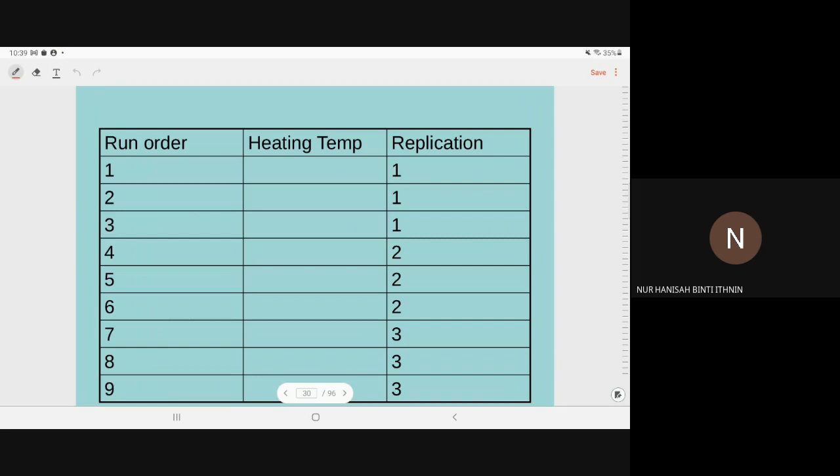So doktor, kalau macam apa ni, the block design tu kita boleh buatlah macam replication 1 hari ni, esok replication 2 and lusa replication 3 macam tu kan? Yes.